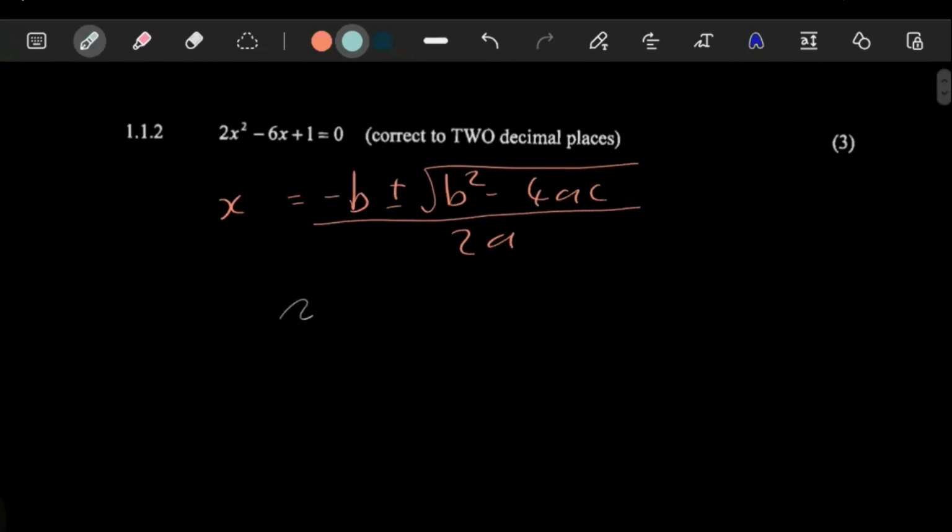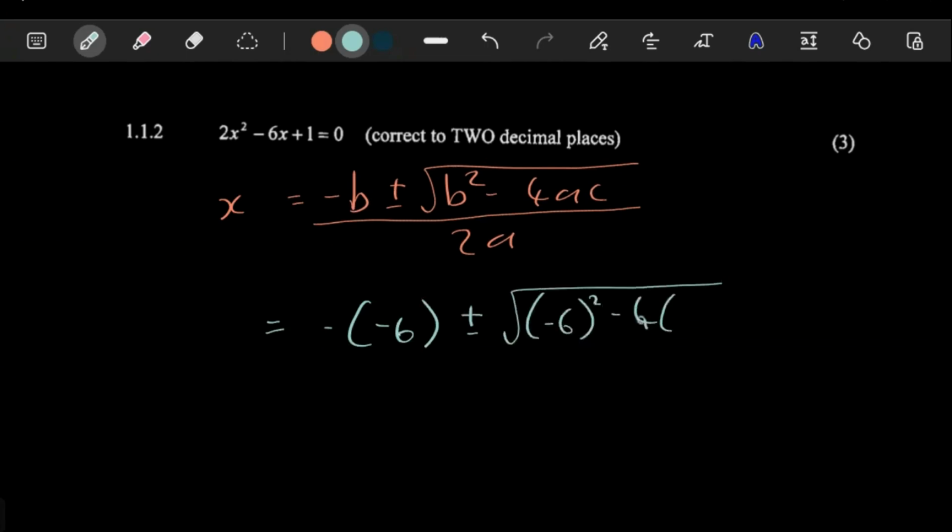The b value is -6. So this is like -6 squared minus 4, our a value is 2, c value is like 1, and then this is like 2a, right? So all this being done, let's see what we can get if we put all this in the calculator.